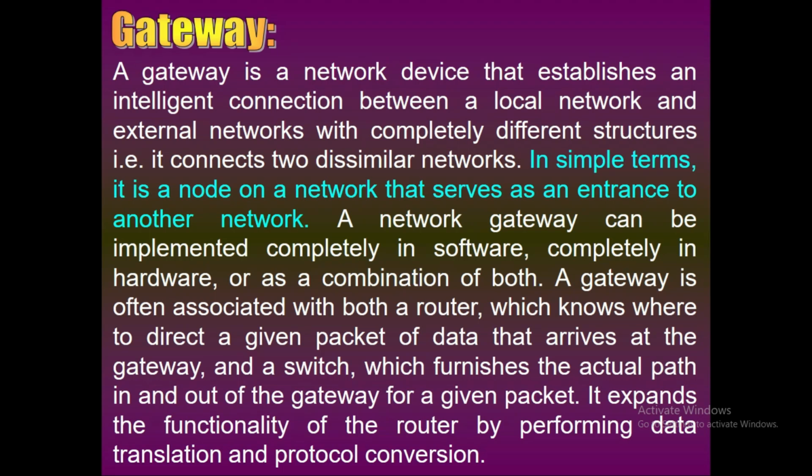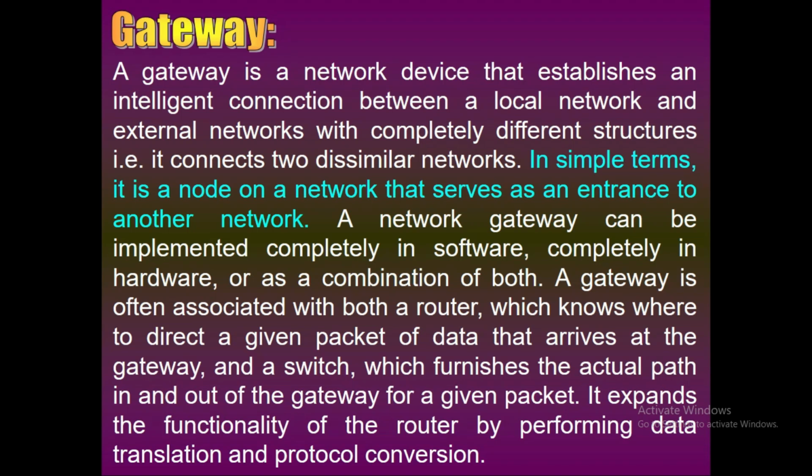A network gateway can be implemented completely in software, completely in hardware, or as a combination of both. A gateway is often associated with both a router, which knows where to direct the given packet of data that arrives at the gateway, and a switch, which furnishes the actual path in and out of the gateway for the given packet. That means it requires a switch.